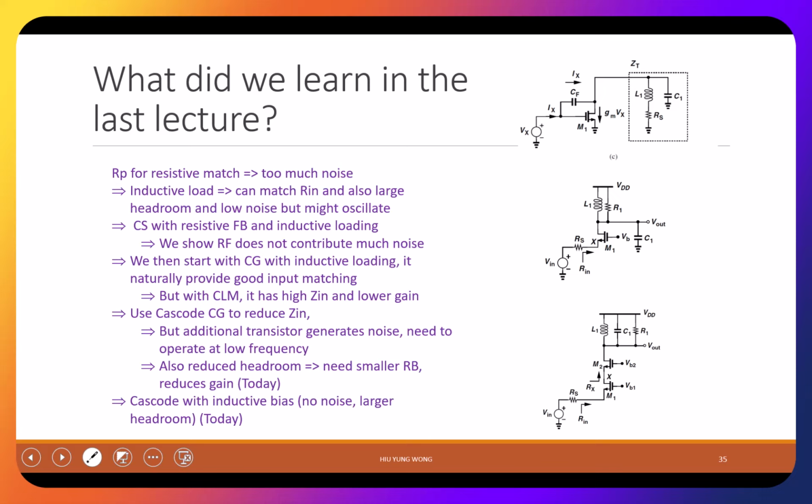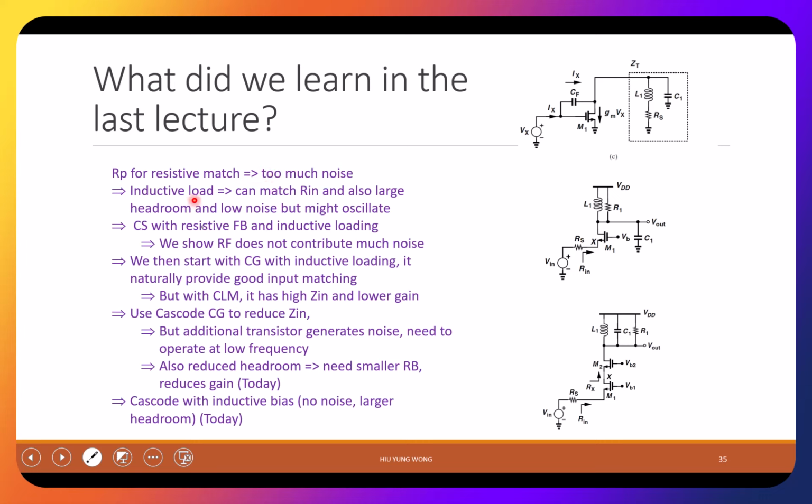It's good to have a table. We start with the common source amplifier to do the matching. We say, why don't I just add a resistor at the input? Too noisy, not a good strategy.